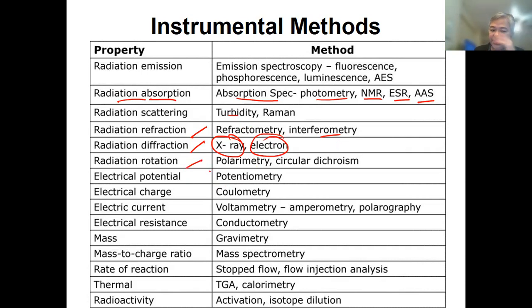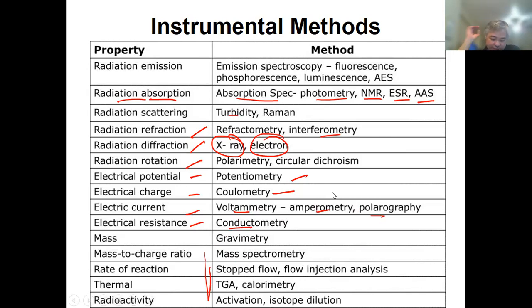You can have radiation rotation, which is polarimetry and circular dichroism, or you can have electrical potential like potentiometry, charge, coulometry, current, which is voltammetry, that includes amperometry and polarography, electrical resistance, conductometry, and other stuff.